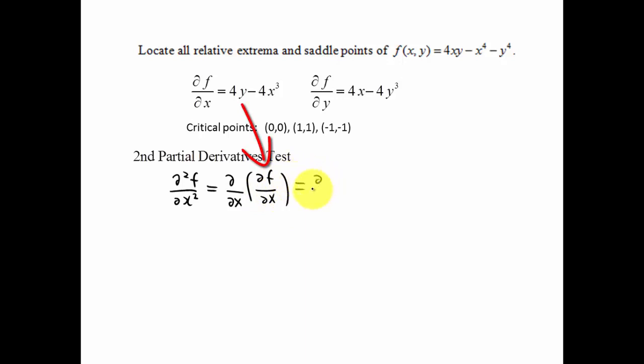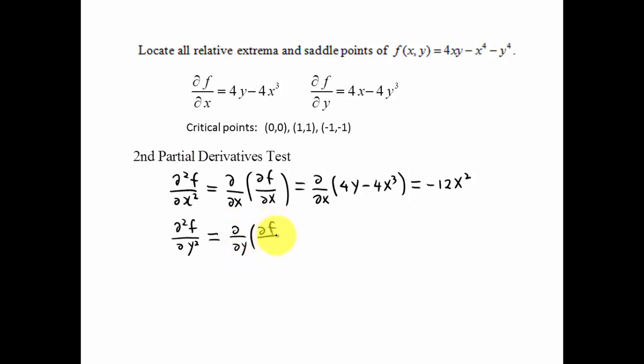This is equal to partial differentiation with respect to x of 4y minus 4x cubed, which is equal to negative 12x squared. And partial differentiation of f with respect to y 2 times is the partial differentiation with respect to y of 4x minus 4y cubed, which is equal to negative 12y squared.